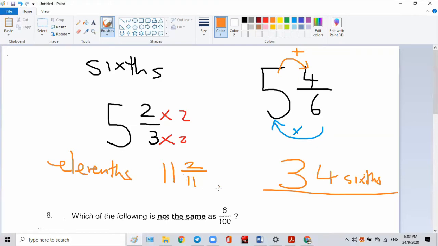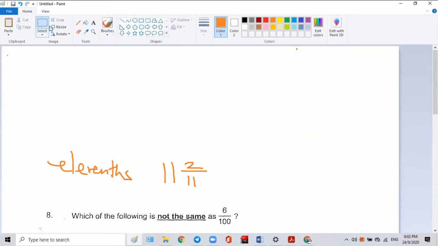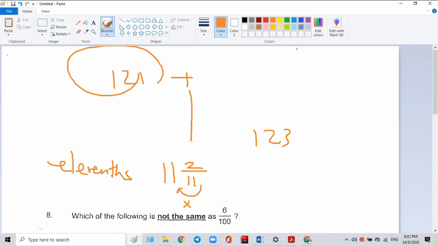How many 11s are there in 11 and 2/11? Use the calculator. 11 times 11 is 121, and 121 plus 2 equals 123. First you use this times, which is 121, and then 121 plus 2. So 123.